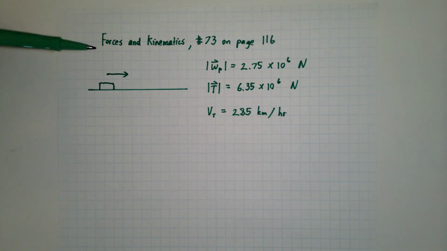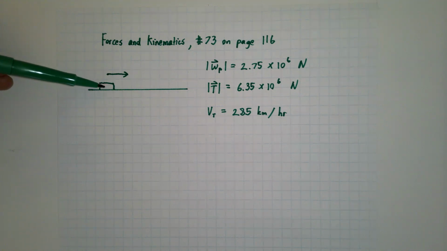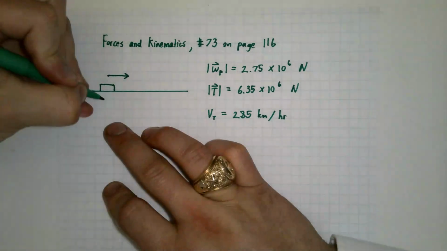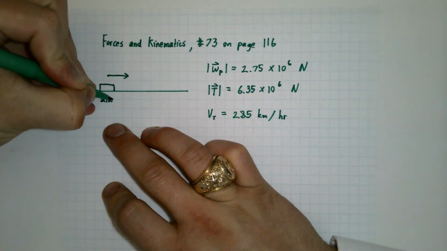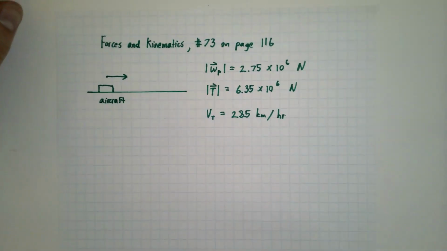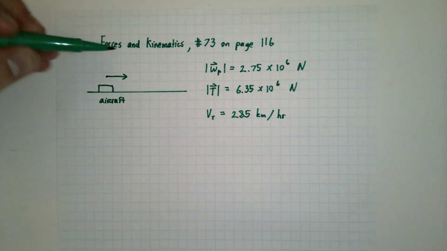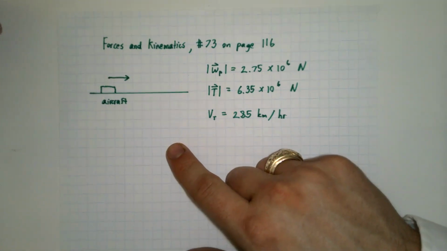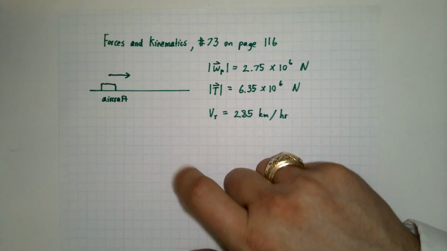We have a jet airliner or an aircraft that's represented by my box here. That's my aircraft, and it's moving to the right from rest. Eventually, as it's moving to the right from rest, it'll reach its takeoff velocity.